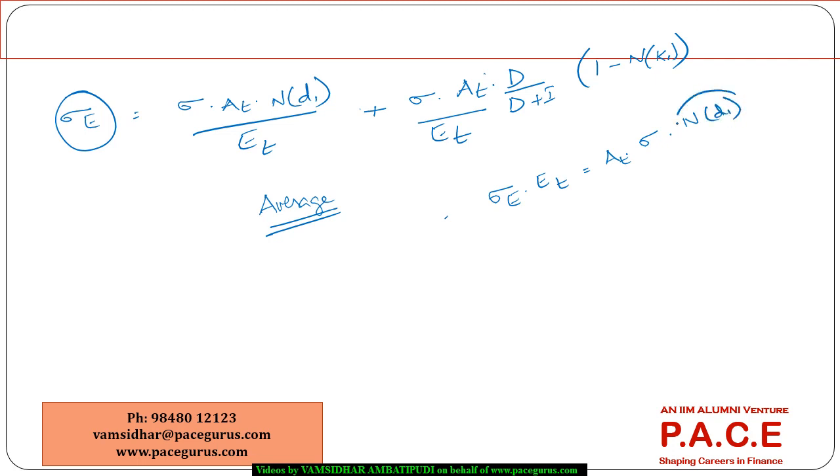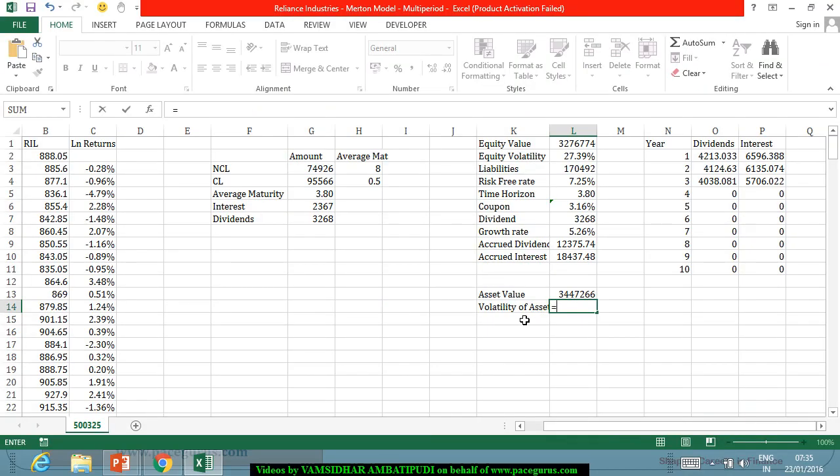We can start off with ND1 being equal to 1. In that case, the volatility of the asset will be the equity value multiplied by equity volatility divided by the value of the asset. So this is what is coming out as a part of my asset volatility.